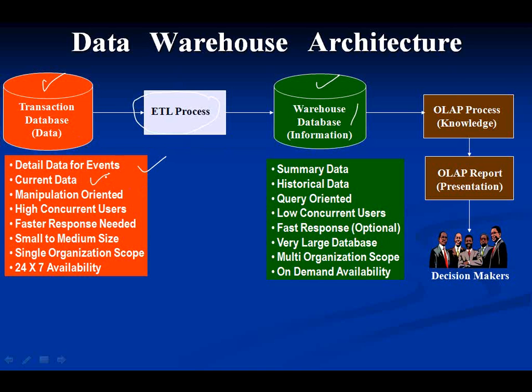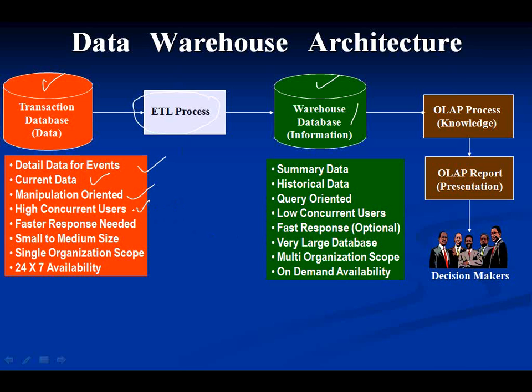A warehouse is meant for history, and the data of this database is mainly manipulation oriented. That means this database is optimized for data manipulations and can handle them well. Often it's a volatile database: new data comes in, existing data might be modified.